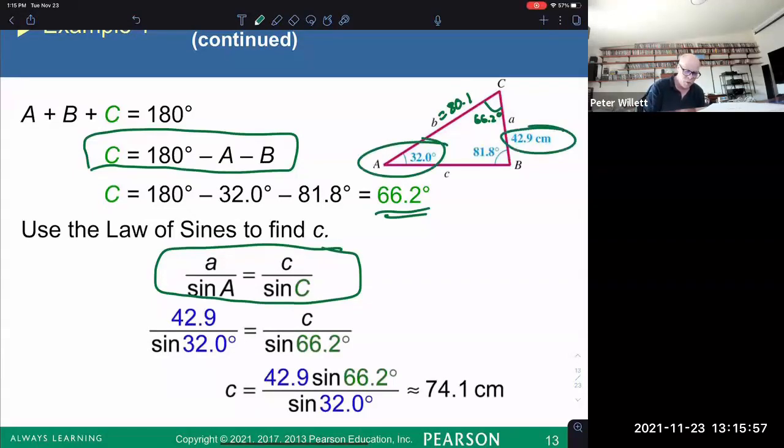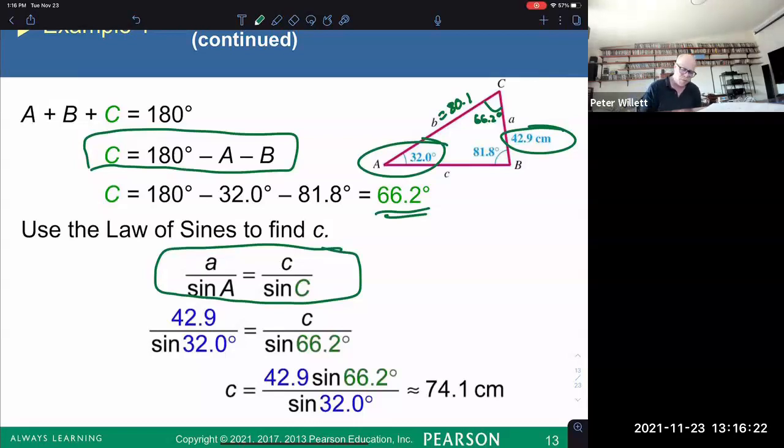So set up your law of sines with the C side that we need to find out with the A side that we were given before, instead of with the B side, which we calculated, because then we're potentially having rounding errors in our calculation, and then we use that in a further calculation that can compound the rounding error. So you're better off using all the given information when solving for the missing sides.